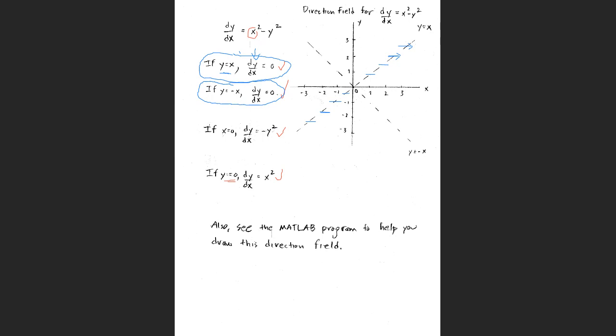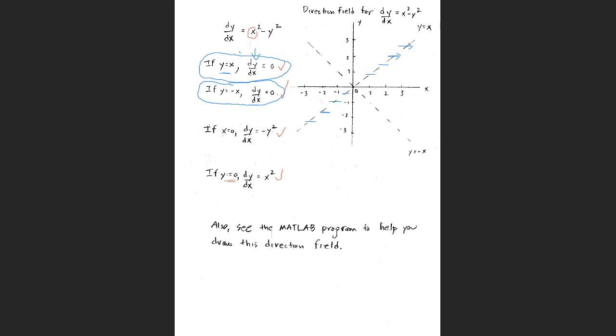I want to be a little bit careful here how I say this. Depending on where you are on the direction field, the derivative is going to take on different values. So some slopes, if we use vectors, have length and magnitude.